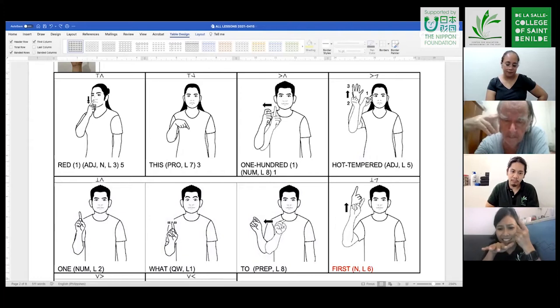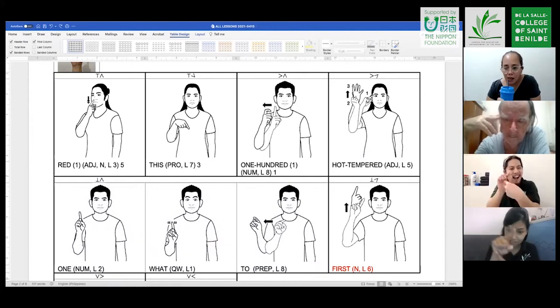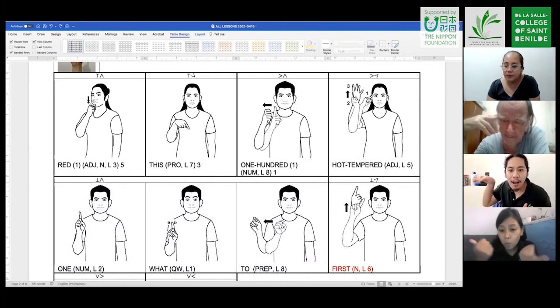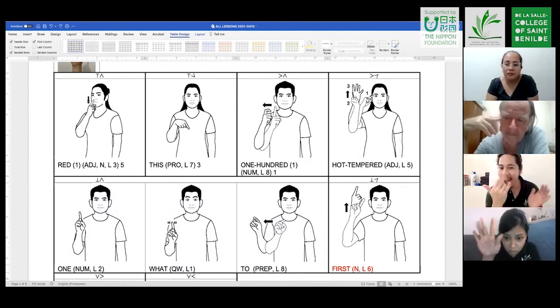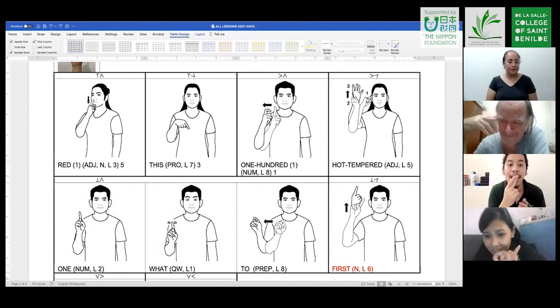And if we look at the finger orientation, the finger is outward, but the palm is down, is outward as well, right? So if we're seeing two, it's outward and outward. So for me, I'm confused with this one.